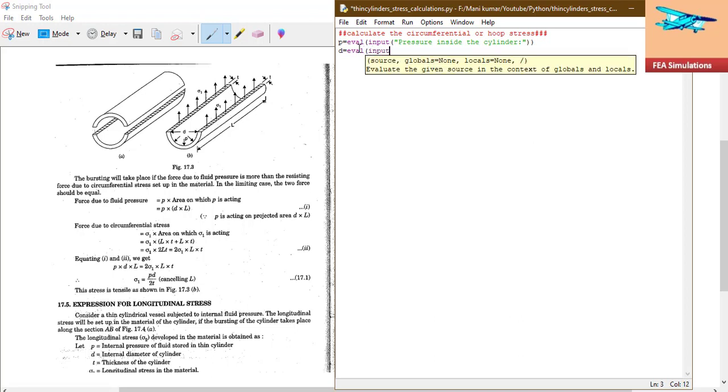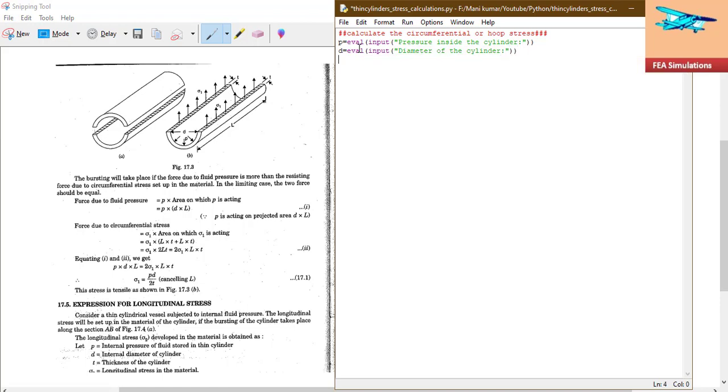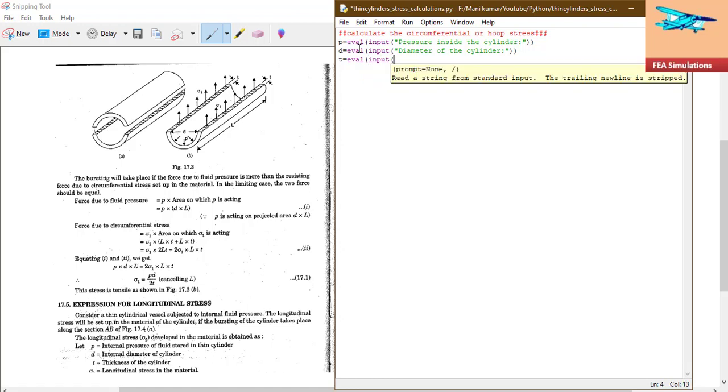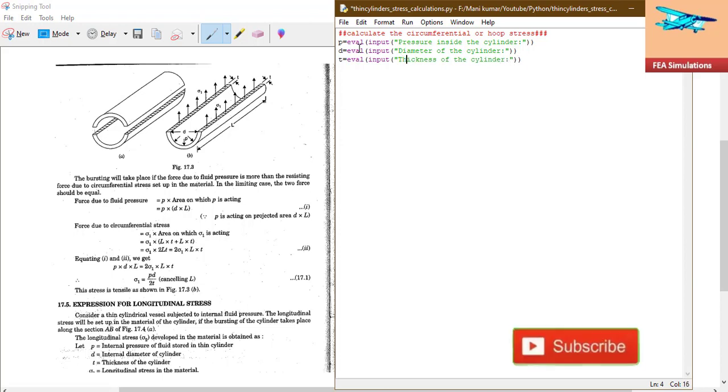D is the diameter of the cylinder. T is the thickness of the cylinder. Oh, it's a typo error here, not J, thickness.